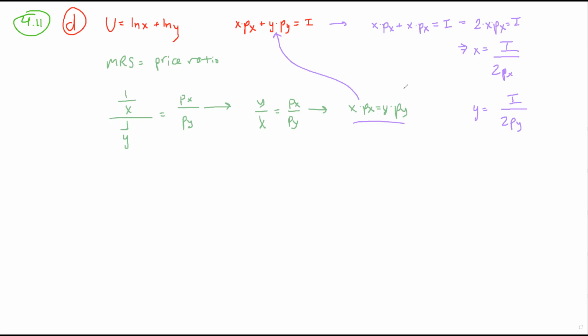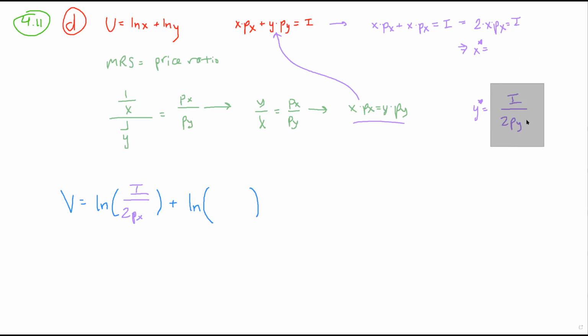Okay, now that I have x star and y star, I can go ahead and get the indirect utility function by taking ln of x and ln of y, but replacing them by the values we just got for x and y a moment ago. I'm going to take this and put it in here.